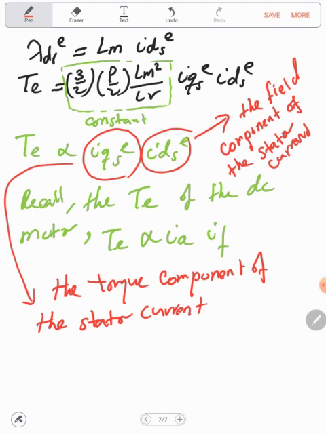So now the induction machine can be controlled as easy as a separately excited DC machine, and this is very interesting.